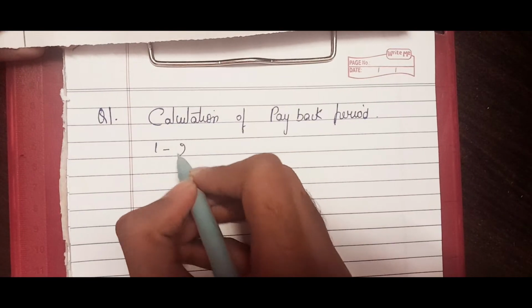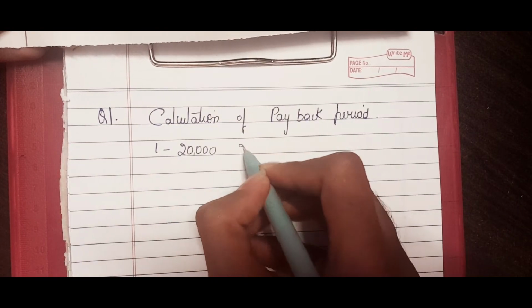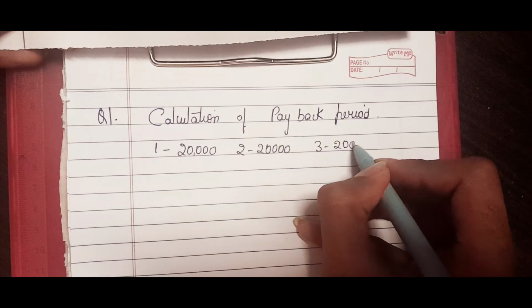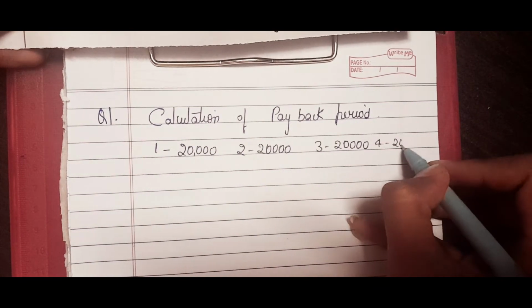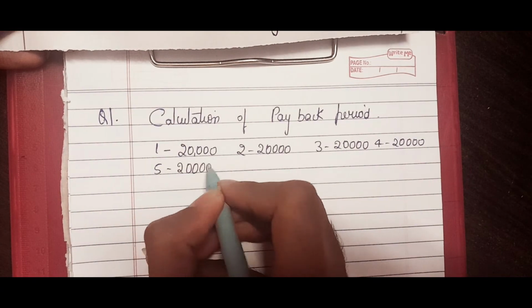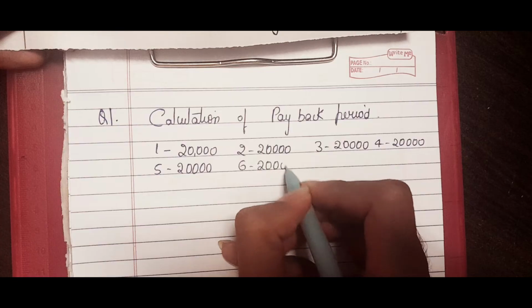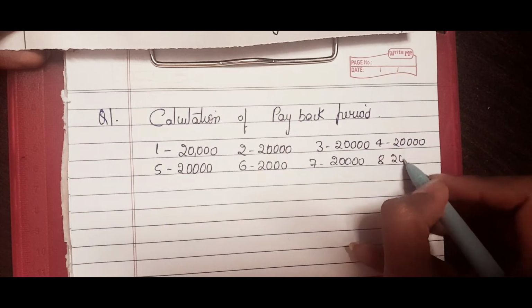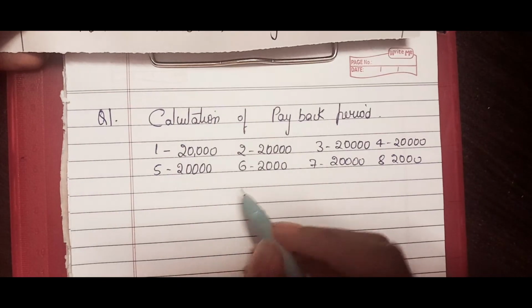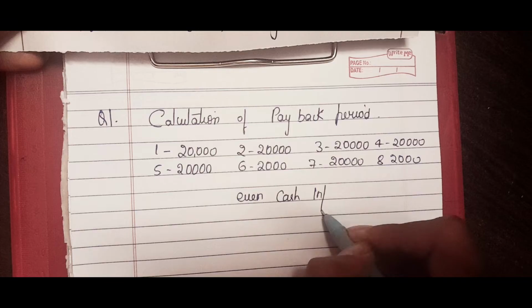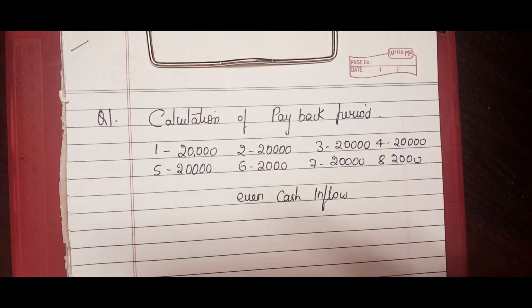That means first year he will get 20,000, second year 20,000, third year 20,000, fourth year 20,000, fifth year 20,000, sixth year 20,000, 7th year 20,000, 8th year 20,000. That means even cash inflow. Even means every year they are getting the same amount of inflow.